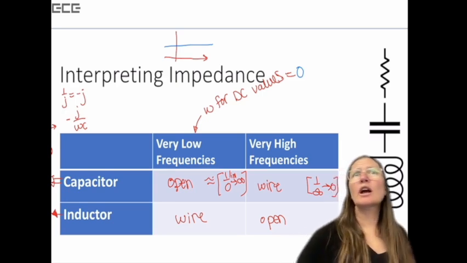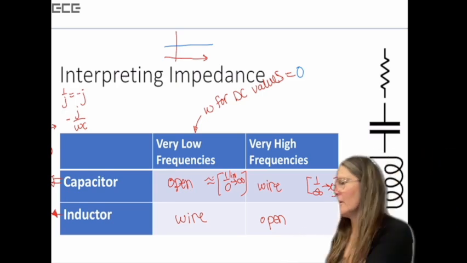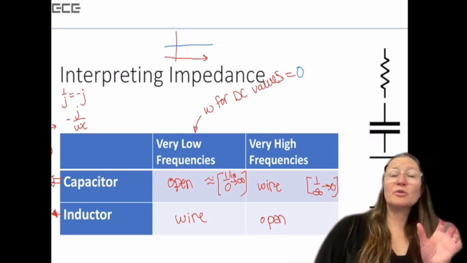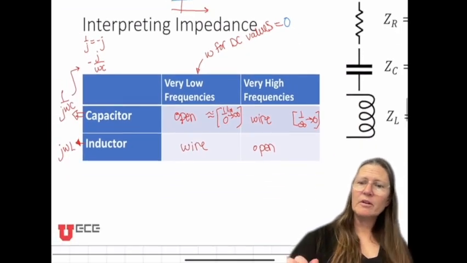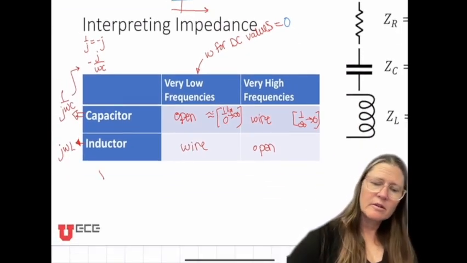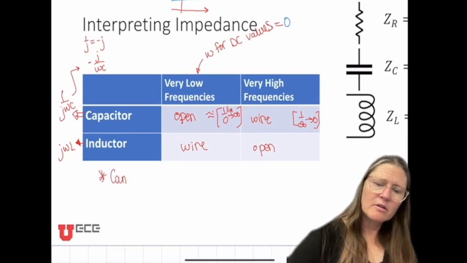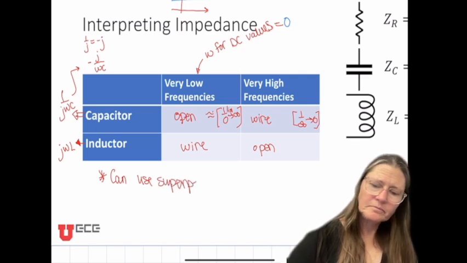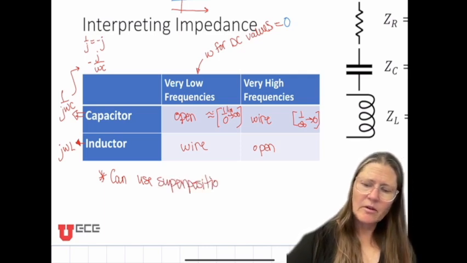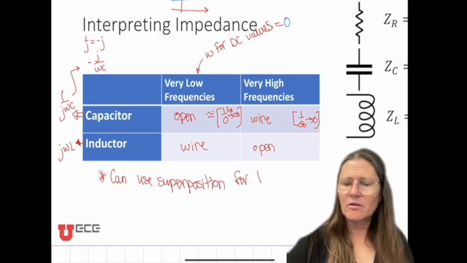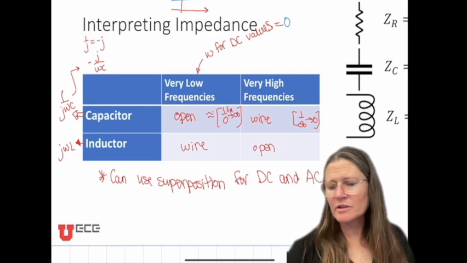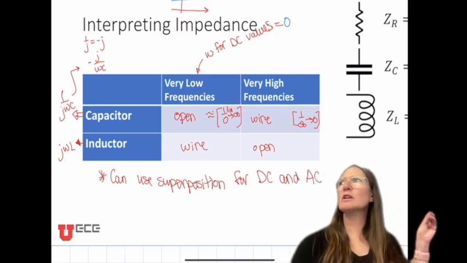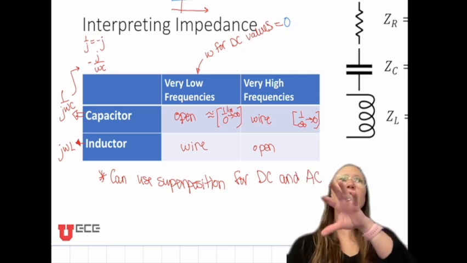So when you look at DC, remember I said that you can use superposition. You can use superposition to find the DC portion, and then to find the AC portion.